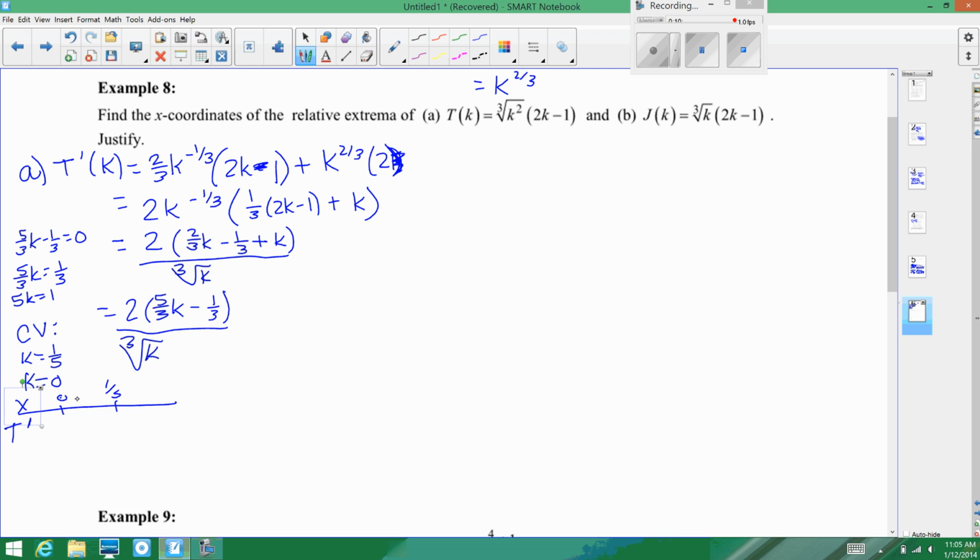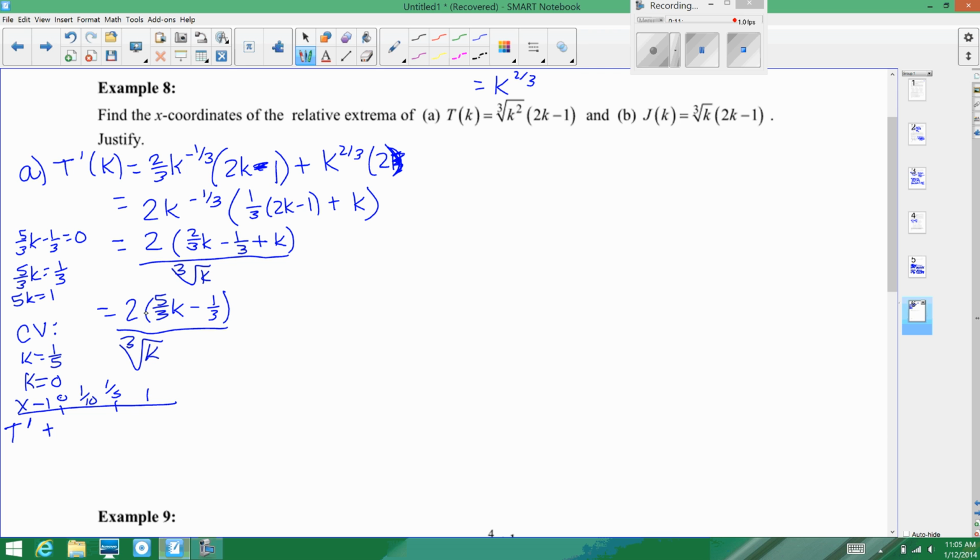So we could pick maybe like 1/10. That would be fine. You know that's in between there. 1 and -1. Determine the signs. So if we plug in a -1 on the bottom, we're going to get a negative. If we plug in a -1 on the top, we're going to get another negative. So this should end up being a positive value on the left side of 0. 1/10, that's going to be positive up here.